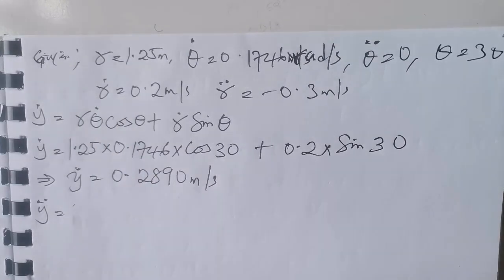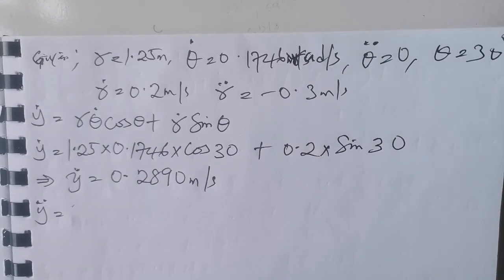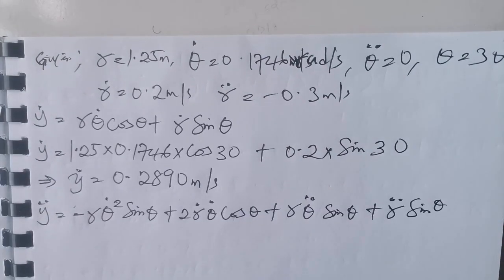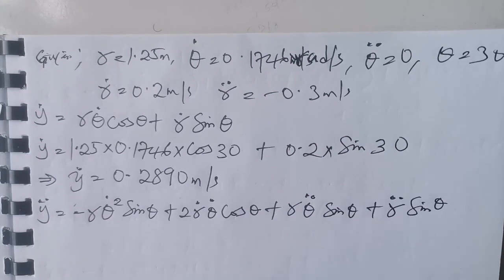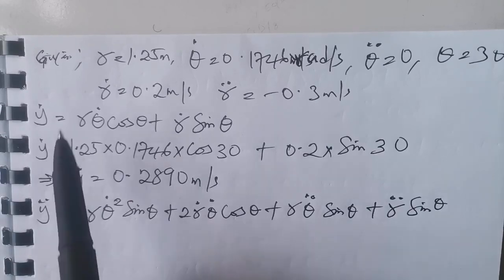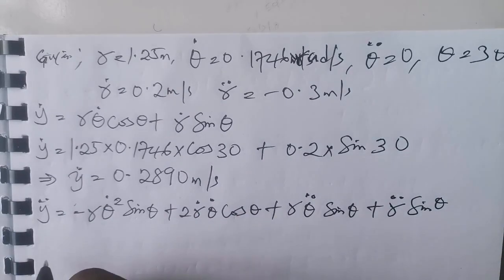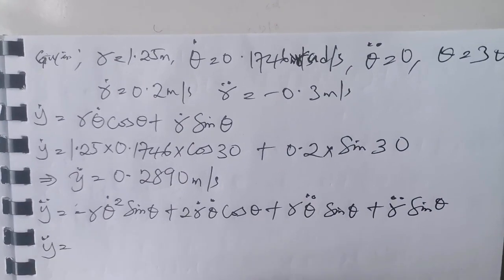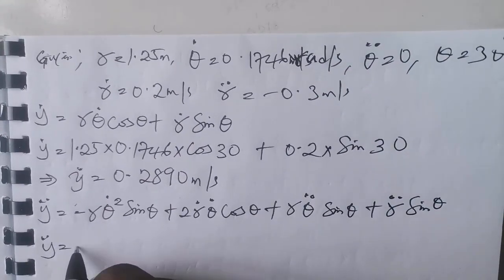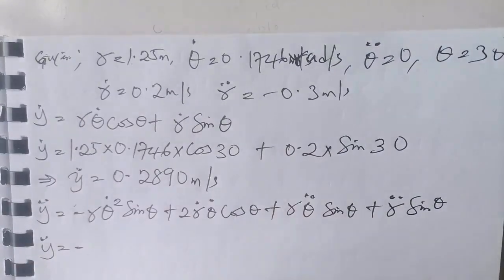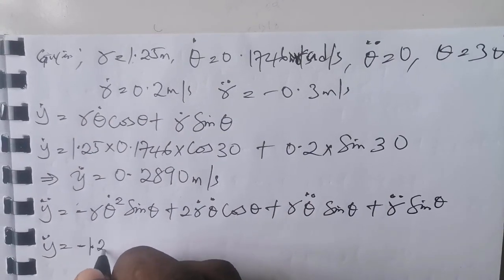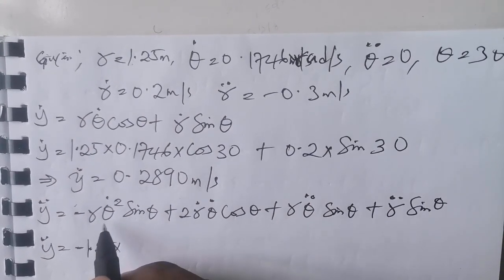So let's plug in these values into y double dot and obtain the result for it. Not forgetting, this is our y double dot. So y double dot is equal to, we said, negative r, and r is 1.25, so minus 1.25 multiplied by theta dot squared.